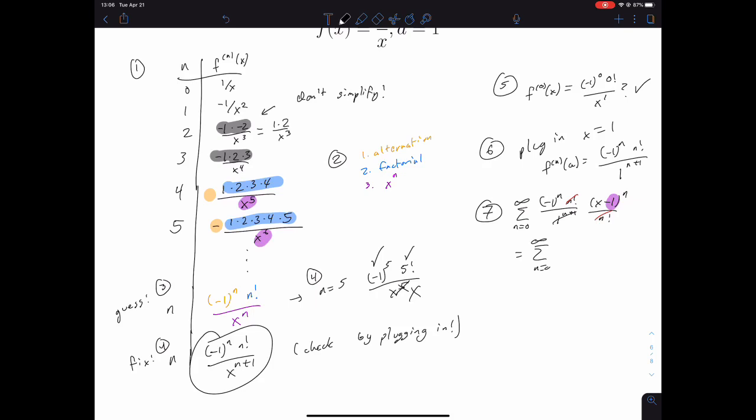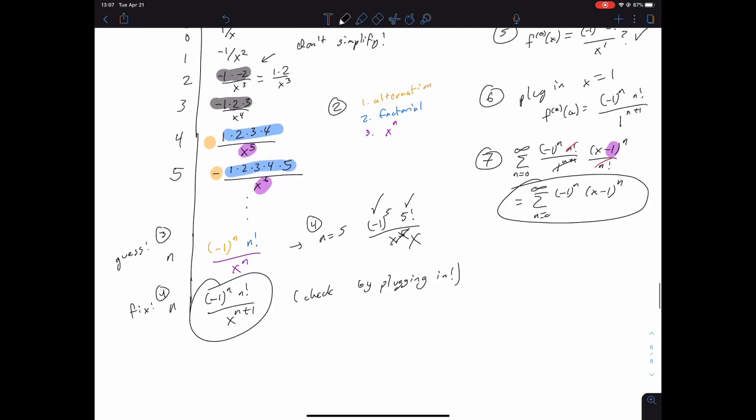Negative 1 to the n plus 1 is just 1. So it's just this. As a note, we could have gotten this out of methods we used on the last homework, and I encourage you to try that because it's a lot faster than this, but this is the process. So you take derivatives until you can guess the next one. You list off the things that you have, you guess, you fix your guess, then does it work for the first one? Plug in, and then plug in the center and then plug that into the formula.